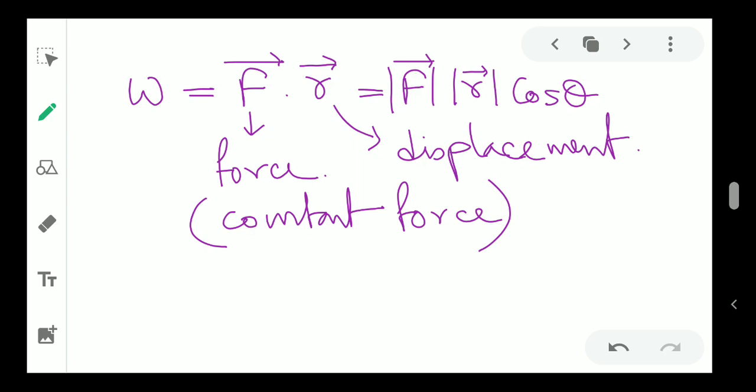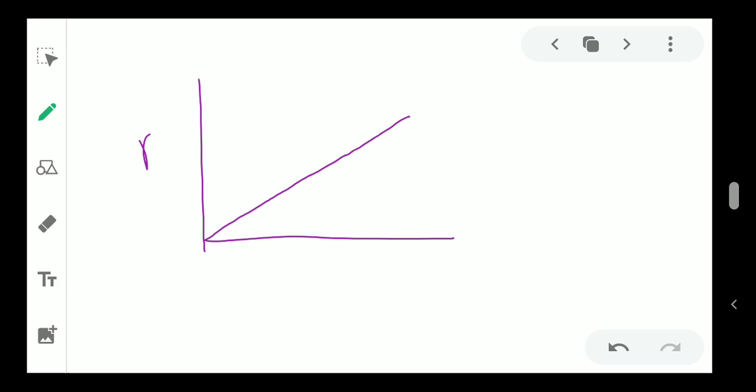Let's say in some scenario the amount of force is increasing with displacement. So force in this direction, displacement that way. As the displacement is happening, our force is also increasing, like in the case of a spring.